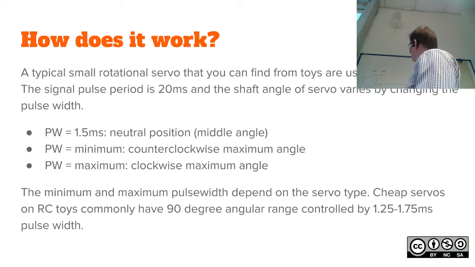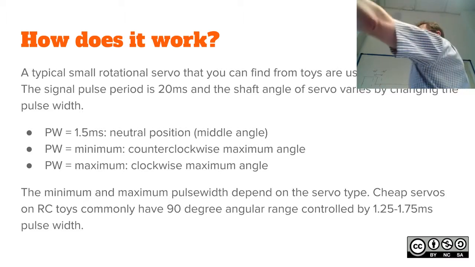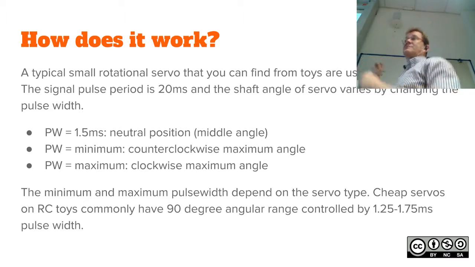And the full period must be, say, greater than 20 milliseconds, but it cannot be 1 second. Then usually the servo doesn't do anything. But around 20 milliseconds is fine.